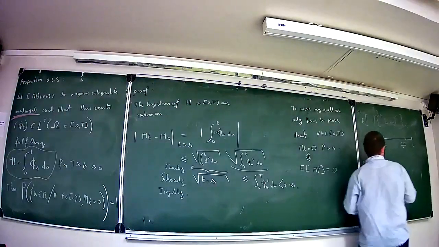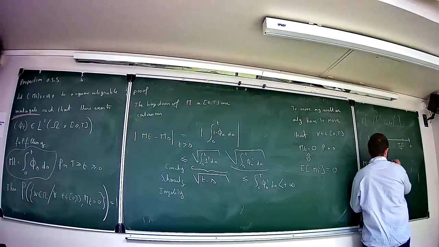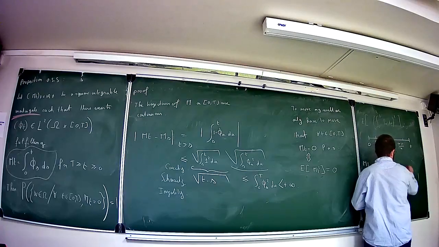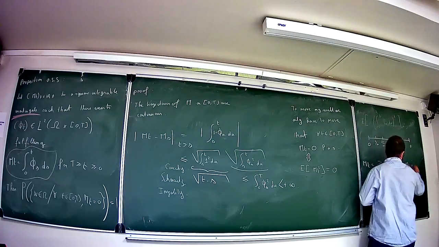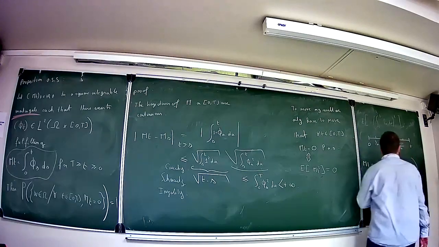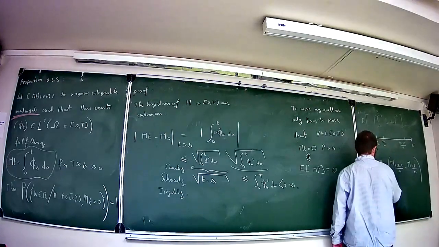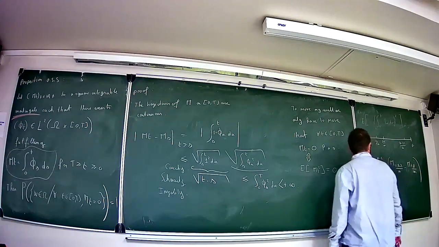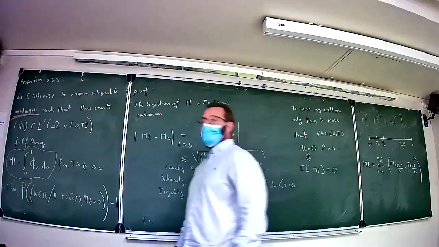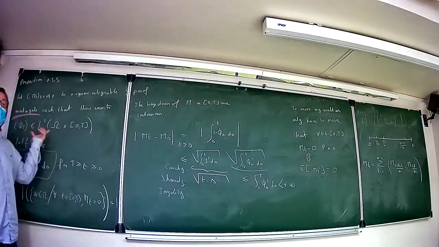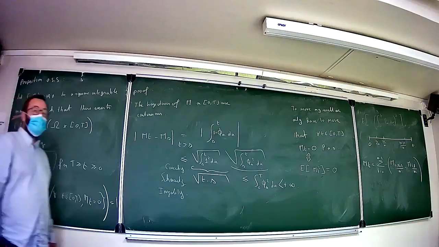The sum of terms of this form, m of t_{k+1} over n minus m of t_k over n, where k starts from 0 and finishes at n minus 1. Why do I do this? Because I have properties concerning the increments of a martingale we have seen previously, and I want to use these properties.